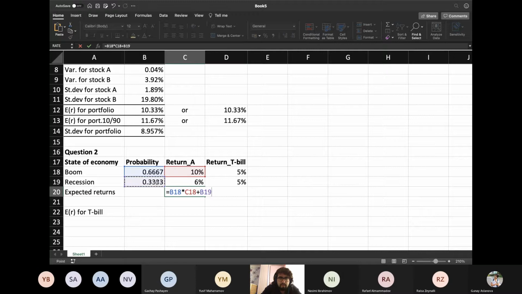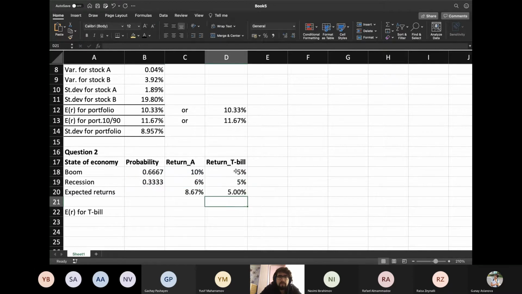Plus, okay, it is the same as its return. Expected return is also 5%.